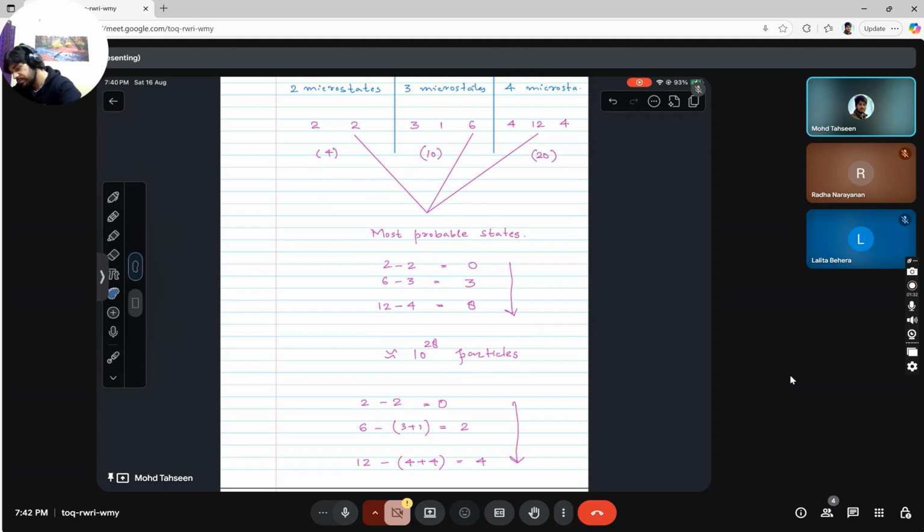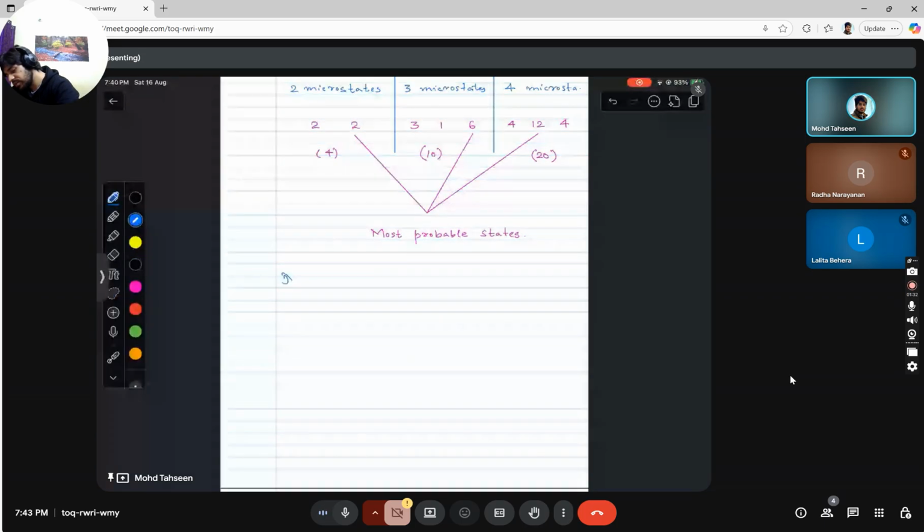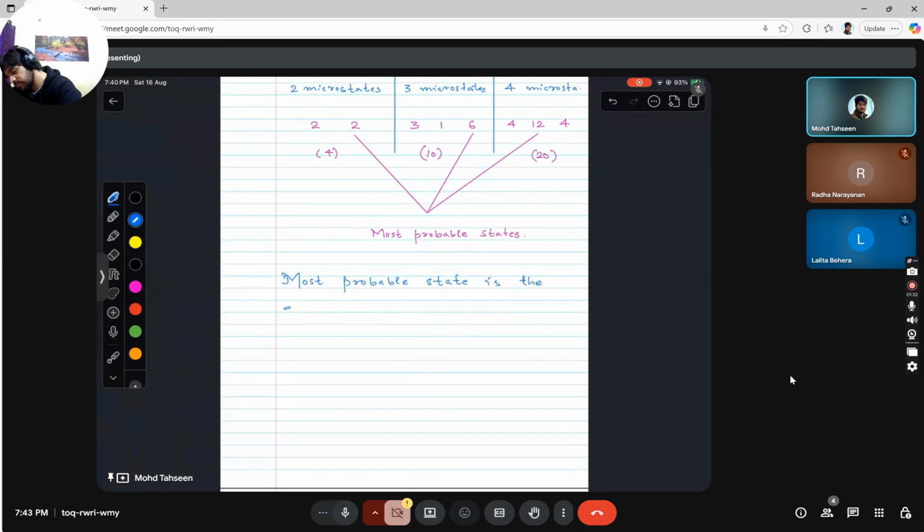So let's get rid of all this and write that the most probable state is the equilibrium state of the system. Right?